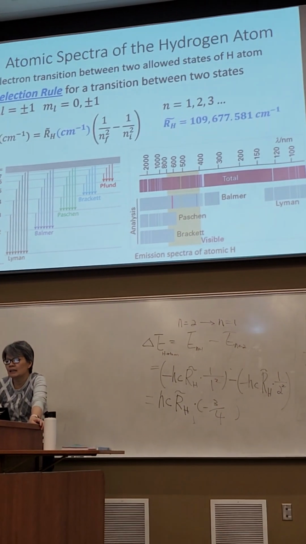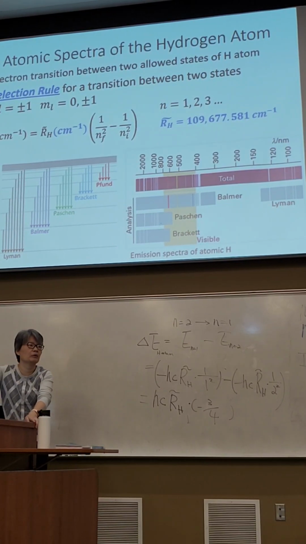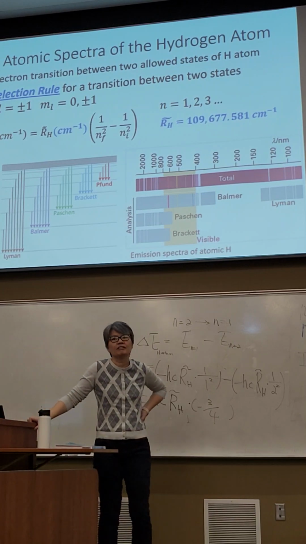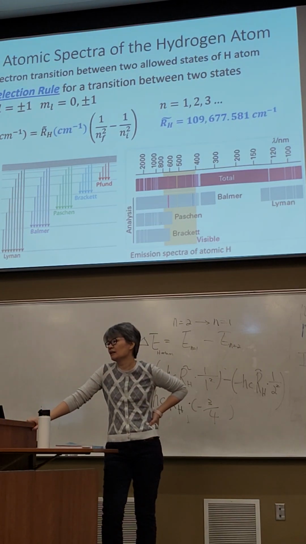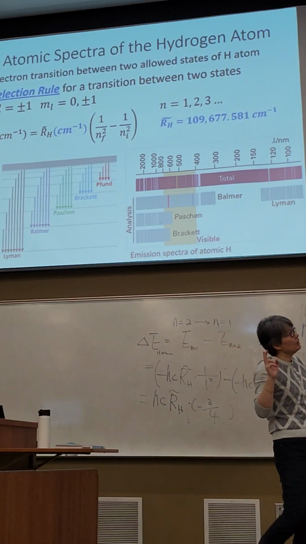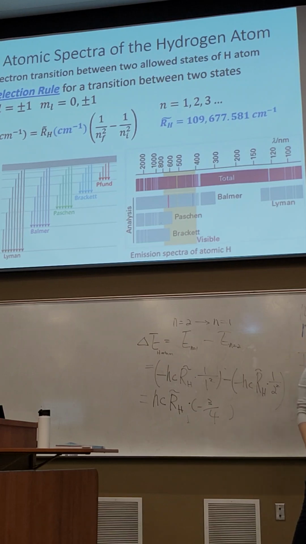Now here on the right side, let's go back to the question. As you can see, the light emitted will occur in the UV region. We say the Lyman series is transitions to n equal to 1, then Balmer is n equal to 2.